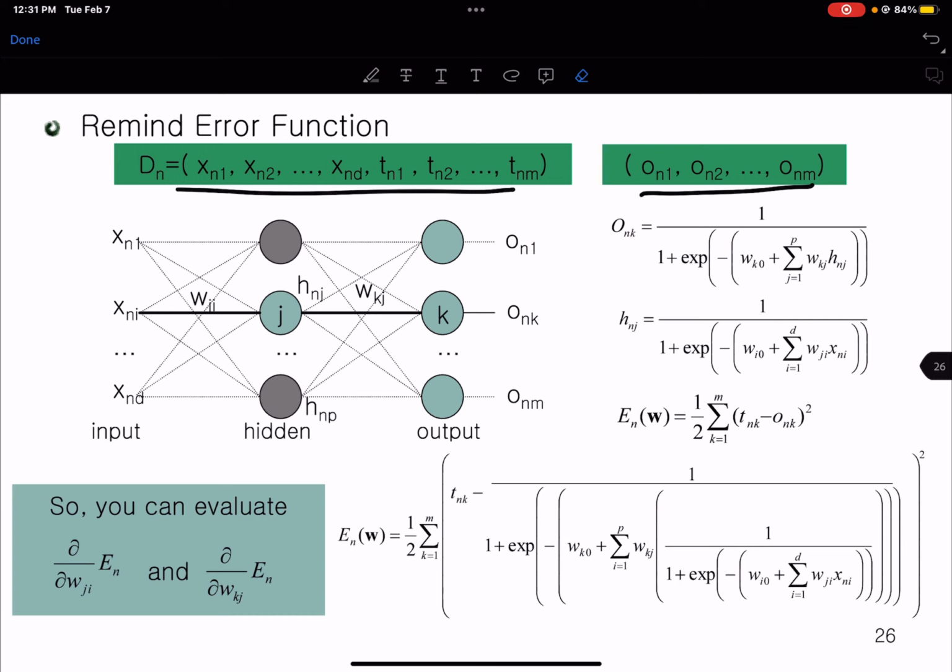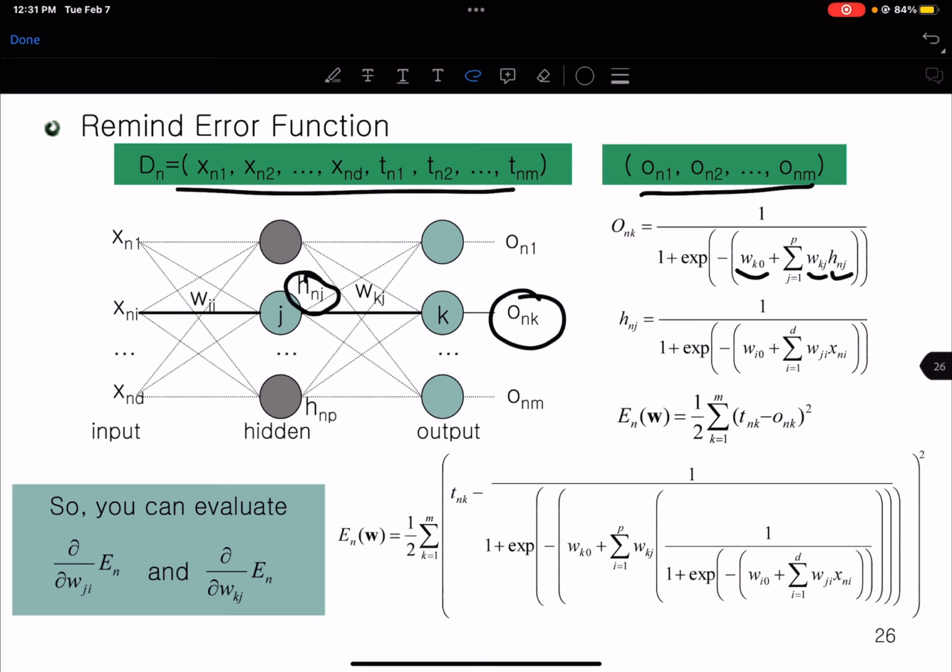In order to obtain the value of o n k, because this is a fully connected network, first will be w k 0, and then we have w k j and H of n j.